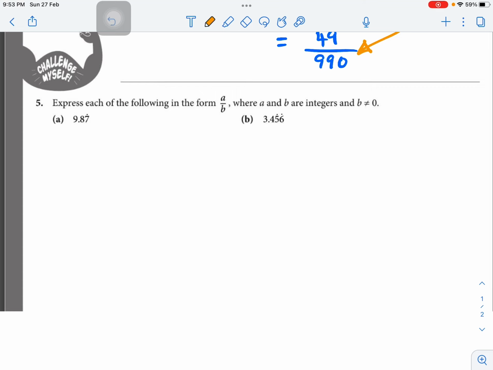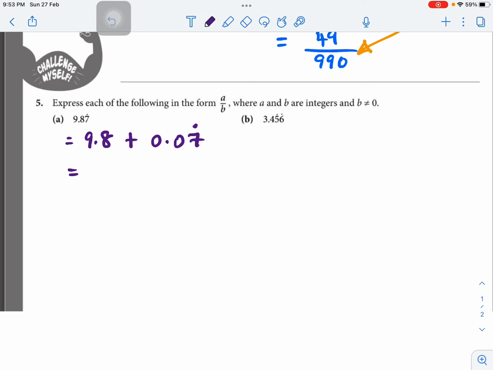Let's begin. The way to deal with this is you need to split this up into 9.8 and 0.07 recurring over here.